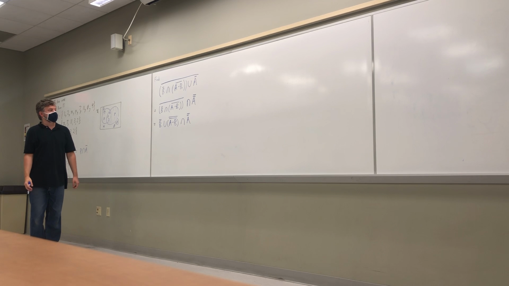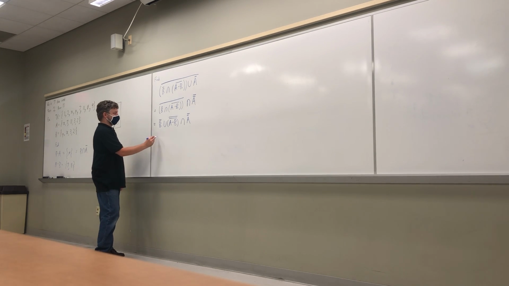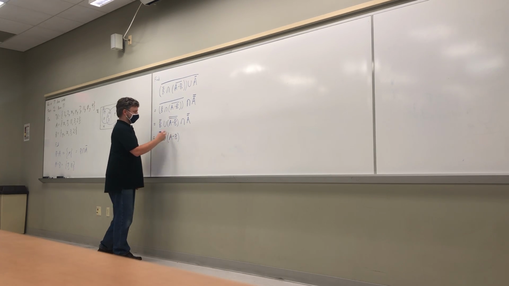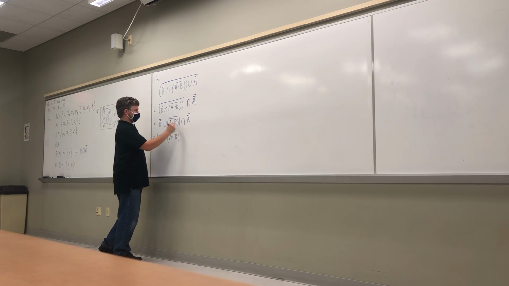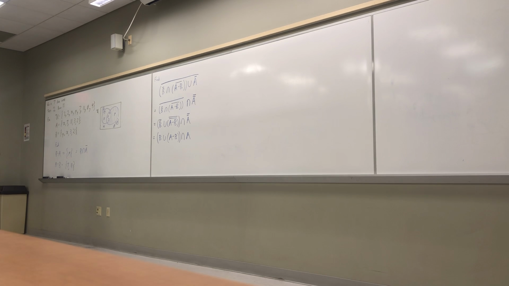Okay, so now I'm ready to use the rule where the double bar cancels, because now they're all the same length. So the double bar over B cancels, the double bar over A minus B cancels, and I need parentheses. And double bar over the A cancels. So I got rid of all the bars with that process.